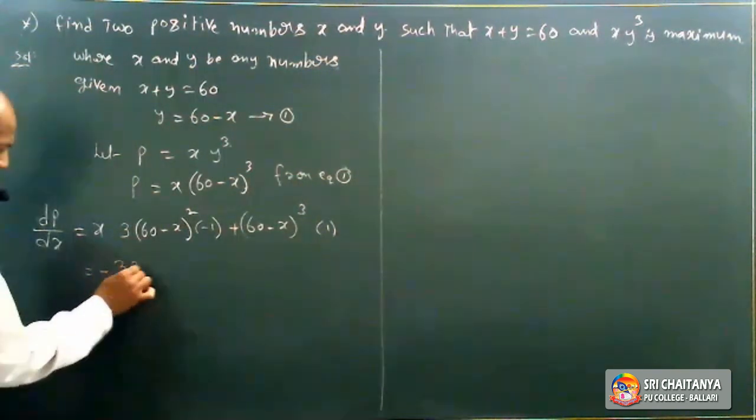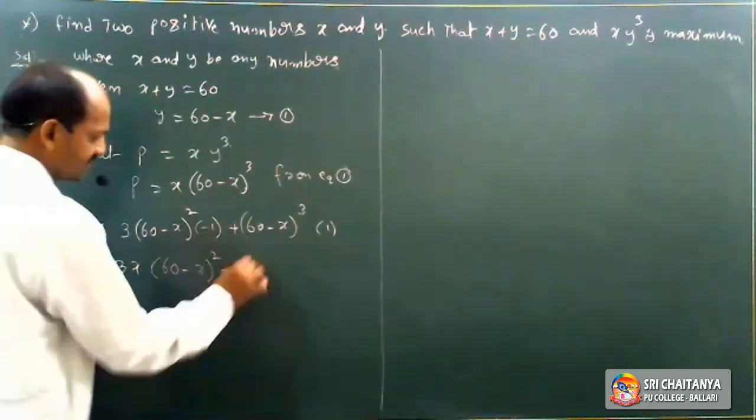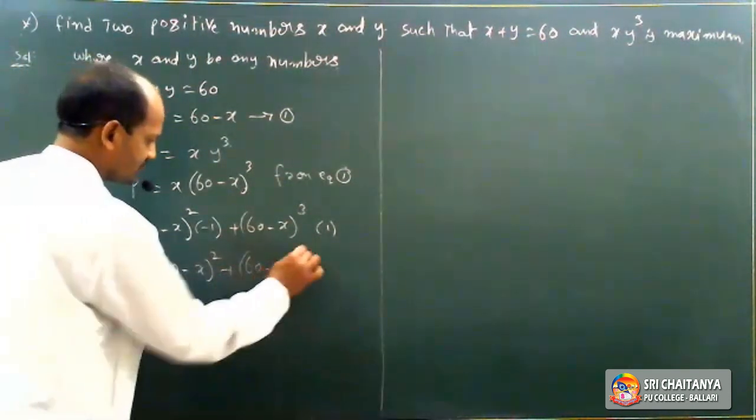It is minus 3x into 60 minus x whole square plus 60 minus x whole cube.